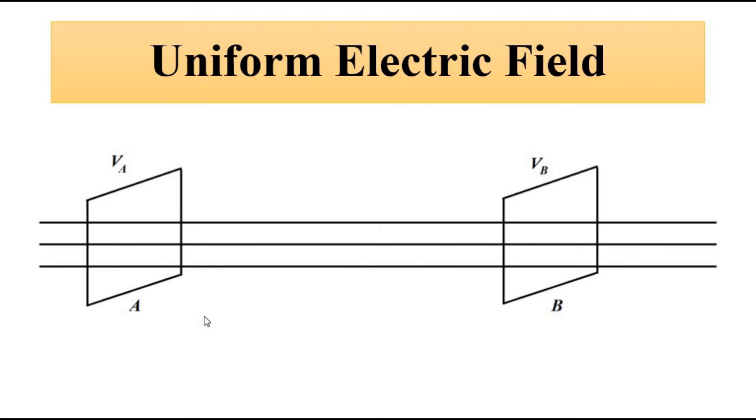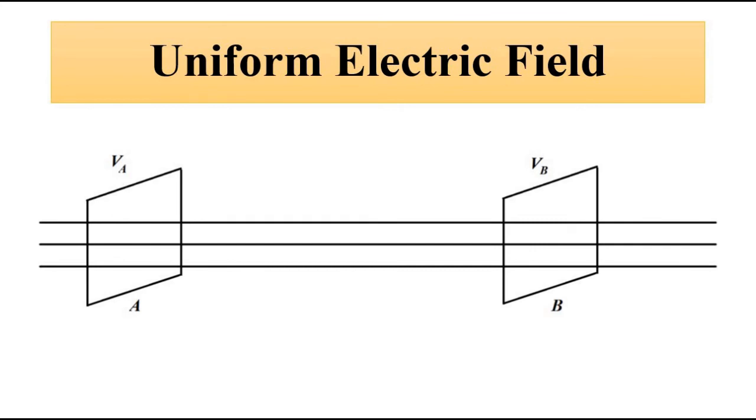So that is the case of a uniform electric field. Another case is the non-uniform electric field. In this case the electric field lines are not straight, they are of different shape, and the equipotential surfaces will also be of different nature.